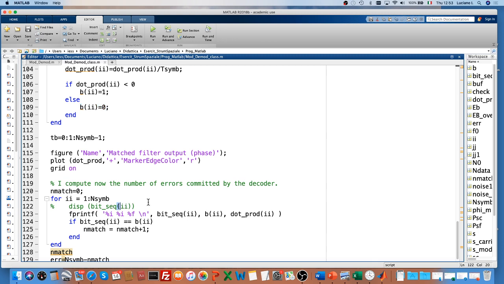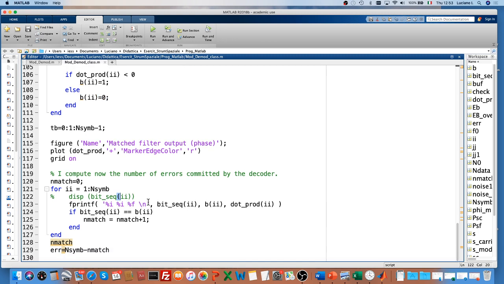So I compare the original sequence that I know I generated in the beginning with the outcome of the scalar product, and I see whether they match or not. And in the end, I will write the number of matches and the number of errors. All right?